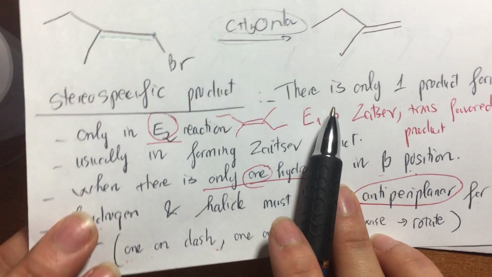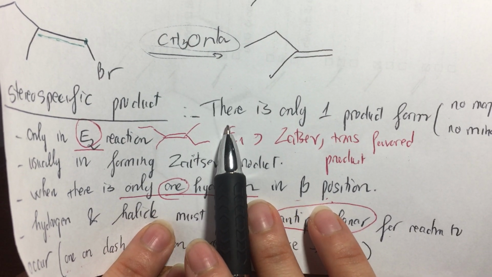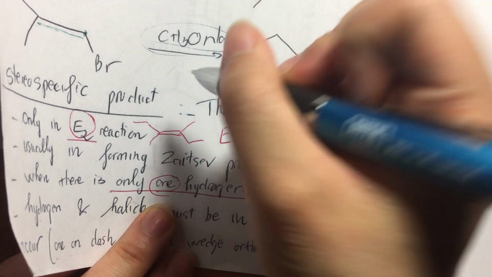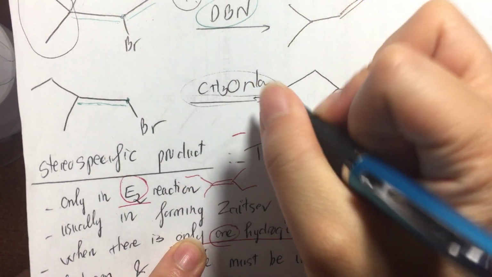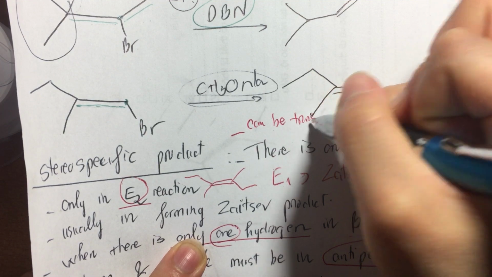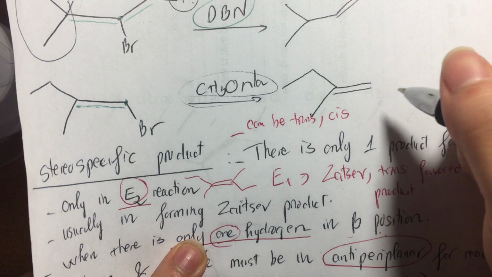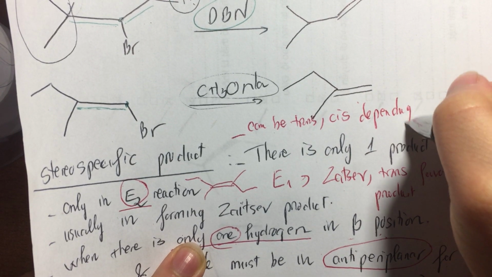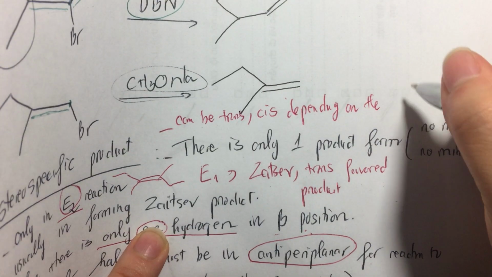Also, as a characteristic of the stereospecific product, there is only one product formed, and this product can be either trans or cis. There's no favor here, because it depends on the configuration of the reactant.